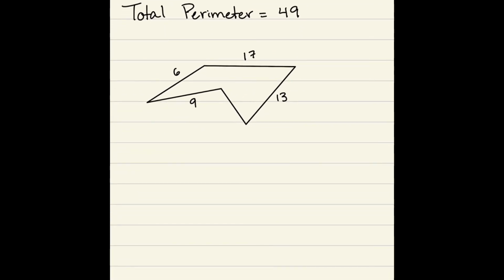So none of the sides are parallel and equal to each other, but we have enough information in order to find our missing side. So let's highlight our missing side. Okay, so we know our total perimeter is 49. So the first thing we can do is add up the sides that we already know. So here we have 17 plus 13 plus 6 plus 9.